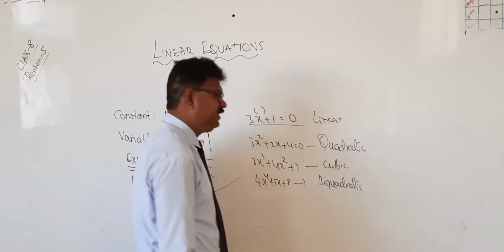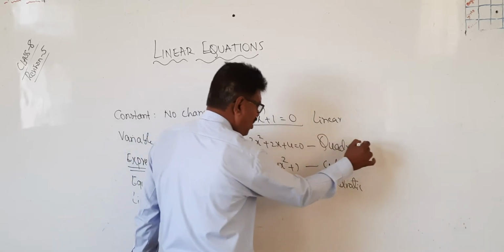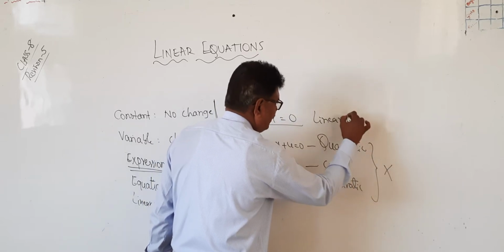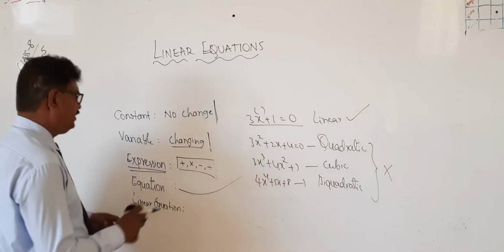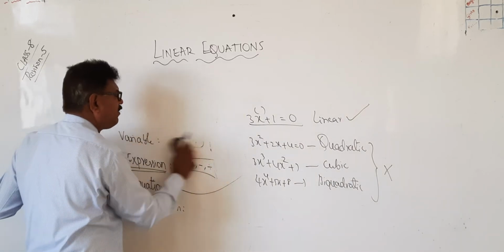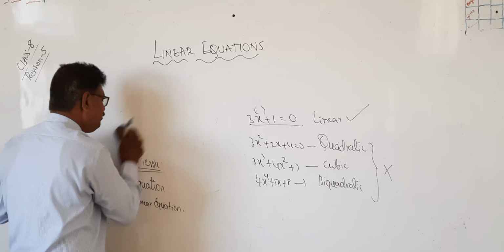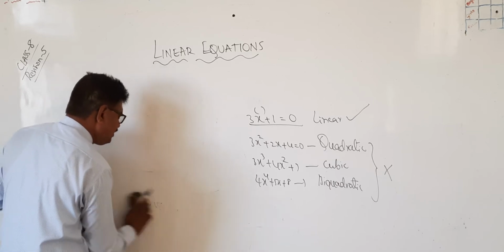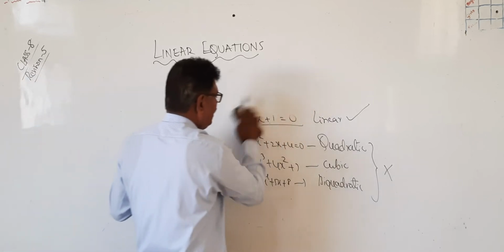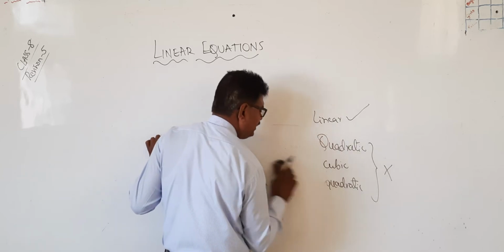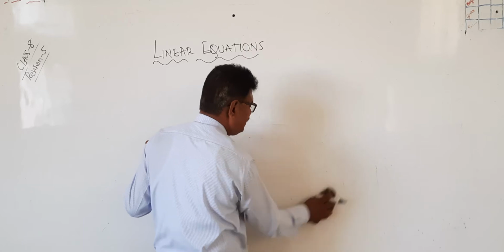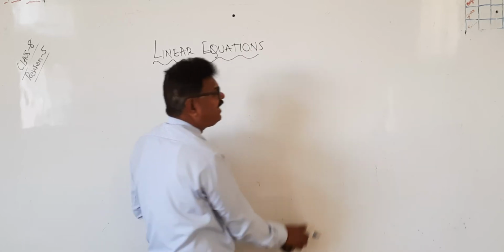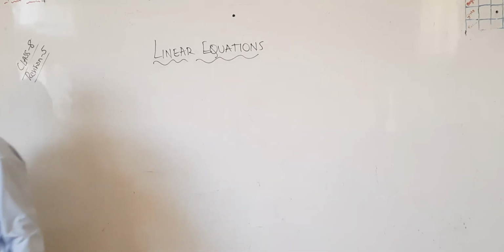In this we are not interested in all the things, but we are only interested in linear equations. Understood? Yes. So we will see some problems. Afterwards, you will see some applications of this, how they are used in day-to-day life, because mathematics is a wonderful subject which is always related to day-to-day life.